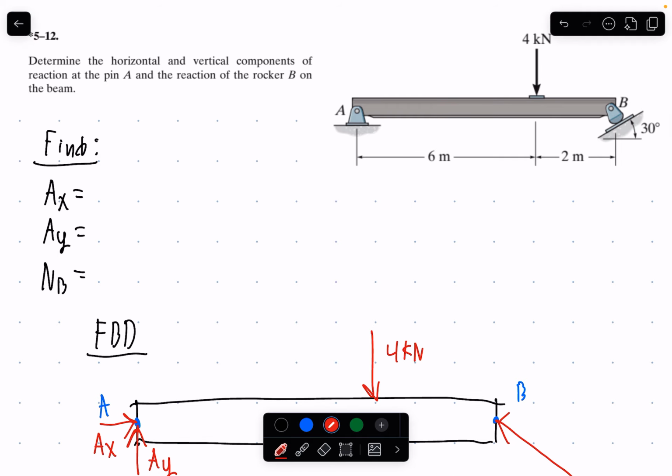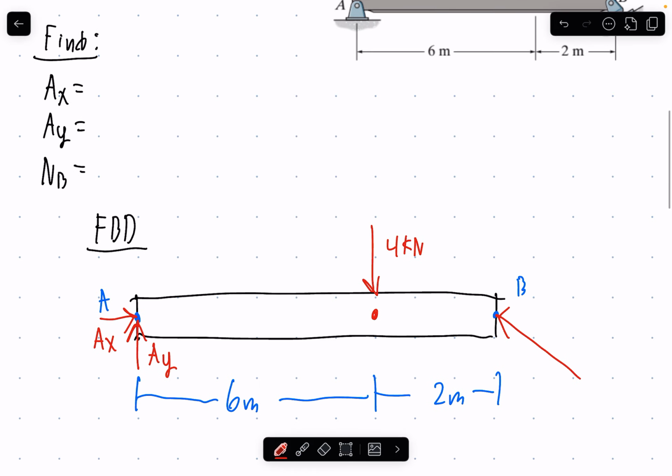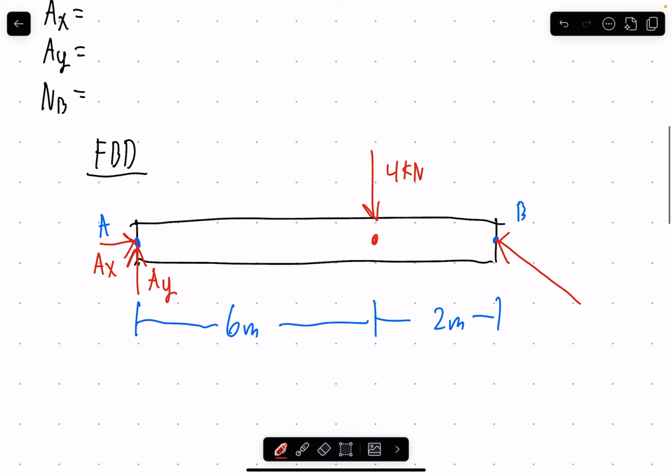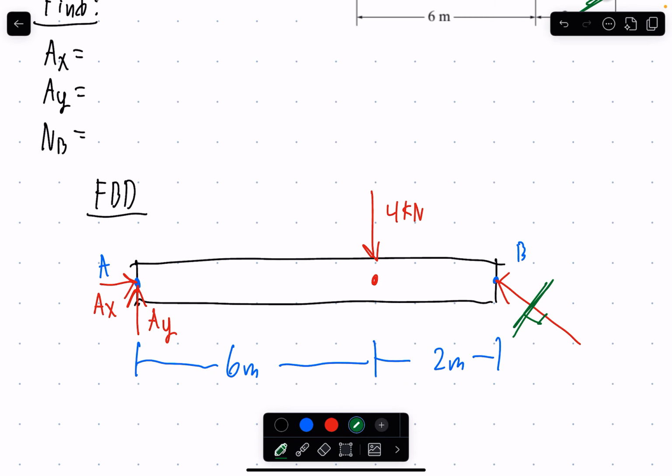The reaction at B here is a rocker, which will give a force reaction that is perpendicular to the surface right here. And the angle here, I should say, is given in terms of the surface and not the reaction force. So we have to find that angle in terms of the reaction force. If we put green here as the reaction surface, we know it's perpendicular to the reaction force, so we can put a 90-degree angle there.